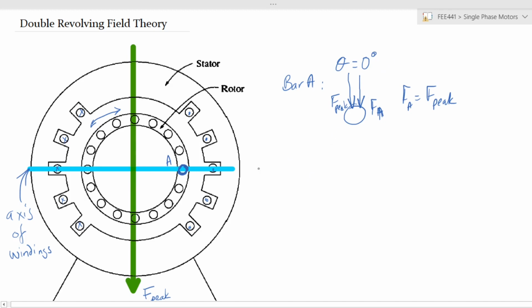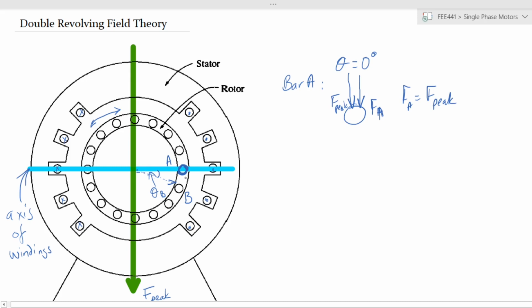Now let's take another bar. Let's call this bar number B. That is not very straight, but it represents what we are looking at. It is at a certain angle, theta B, from the axis of the windings.